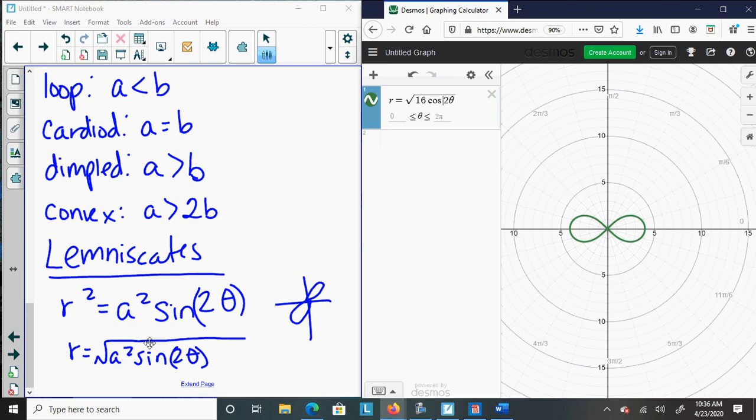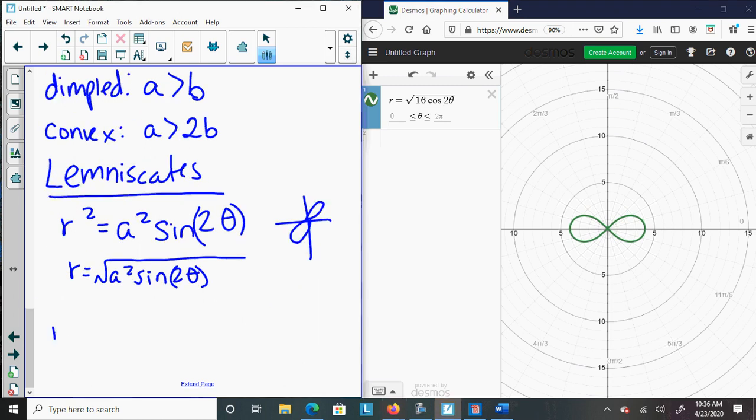So if you see it that way, that's going to be the cosine one. So you might want to write that down too. R squared is a squared cosine of 2 theta, and that's going to look like this, where the number it goes out to on either side is just going to be the value of a. So if that was a 9, this would be 3, because that's the square root of that. Okay, so those are our lemniscates.